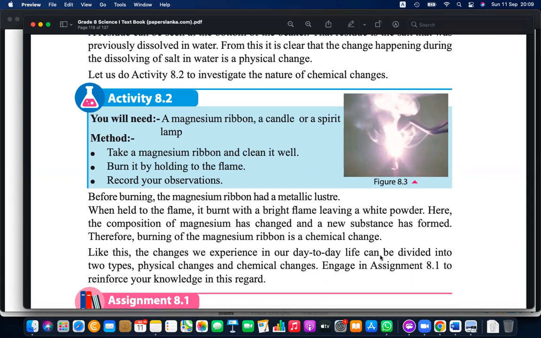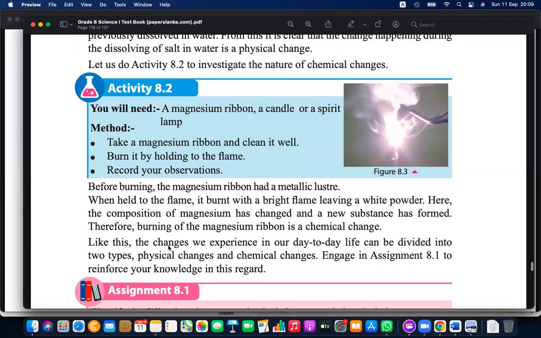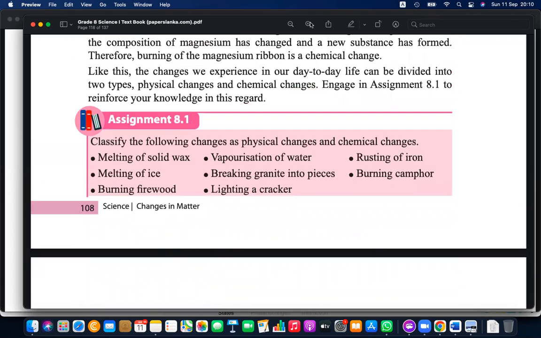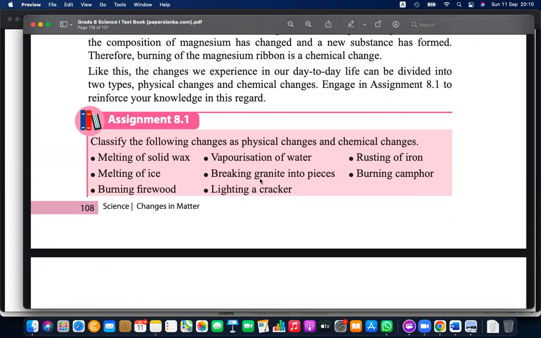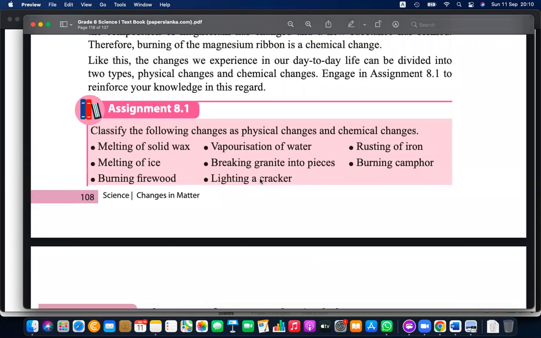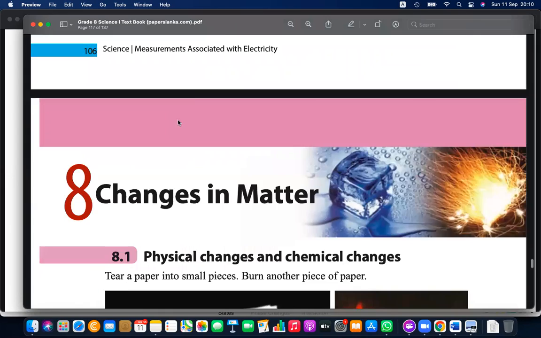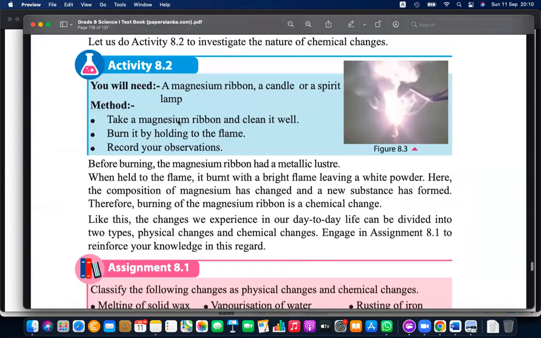Changes we experience in day-to-day life can be divided into two types: physical and chemical changes. Please write down 8.1 in your book. Write the topic, changes in matter, and under that 8.1.